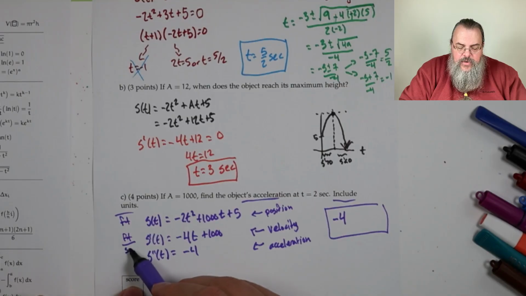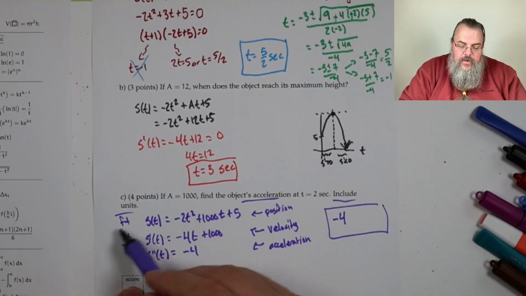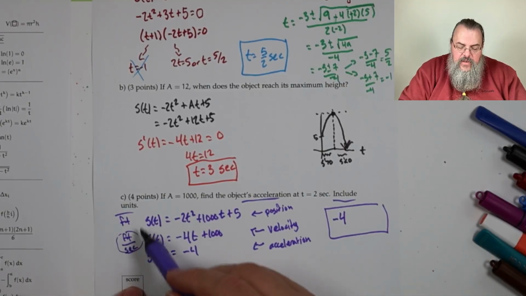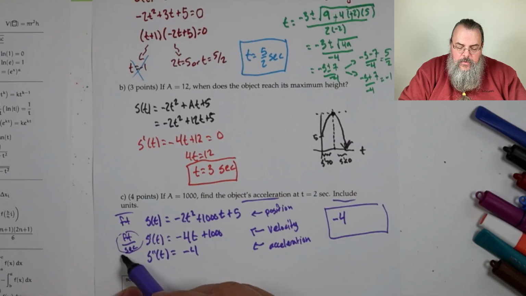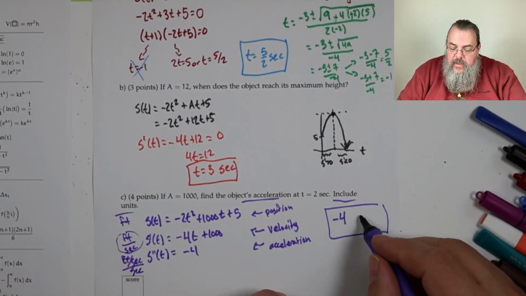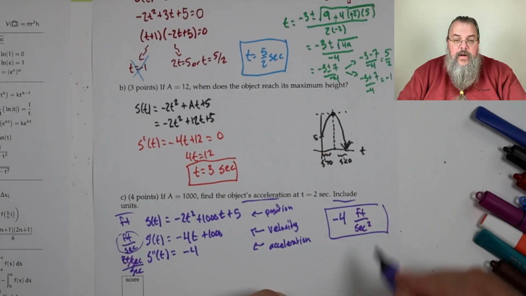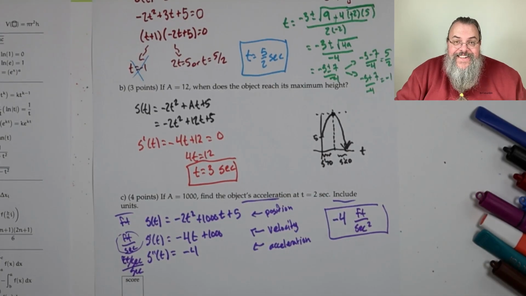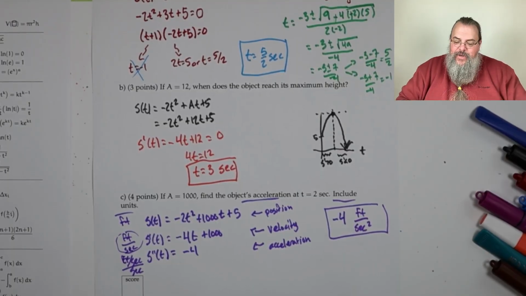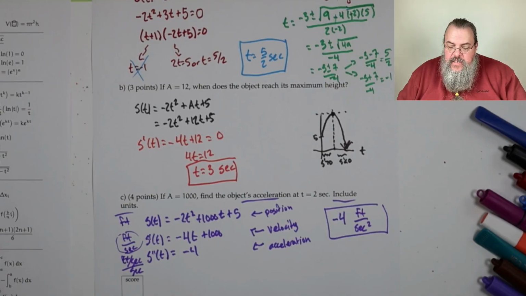So that's feet per second. For the second derivative, we start with feet per second, and then we divide by seconds again, so that's really feet per second squared. And that's the answer to part C.